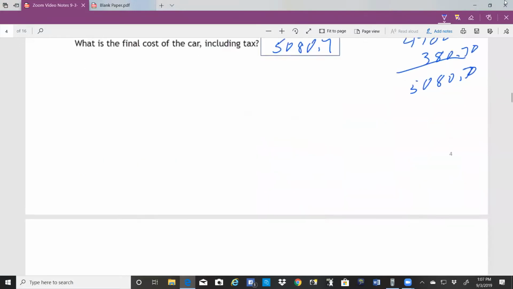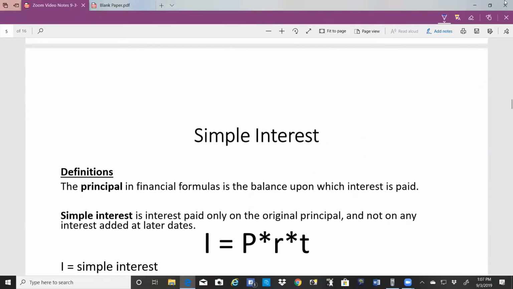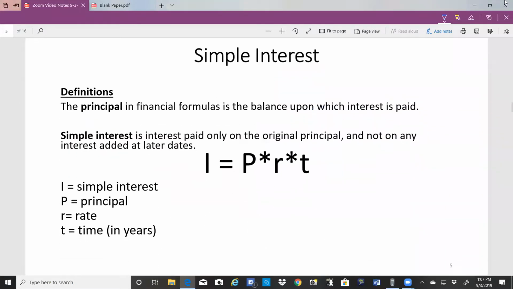Now, getting into interest and savings accounts, simple interest is the first thing we talked about. And that's when there is no compounding.